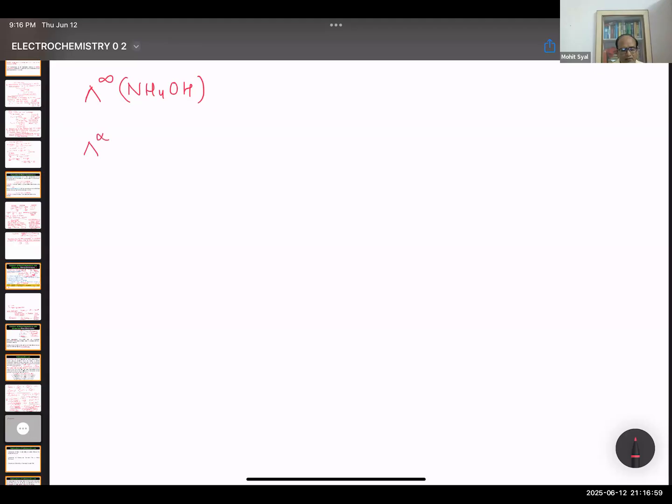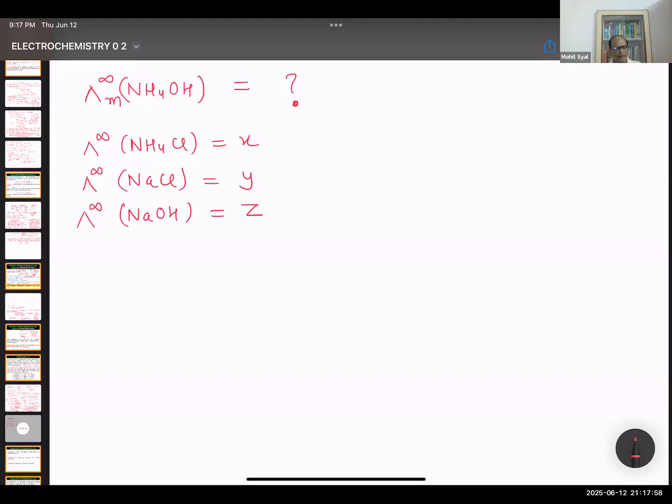You are provided with the limiting value of NH4Cl as X, the limiting value of NaCl as Y, and the limiting value of NaOH as Z. Can you tell me what is the limiting value of the molar conductivity of ammonium hydroxide in terms of the molar conductivities of ammonium chloride, NaCl and NaOH?